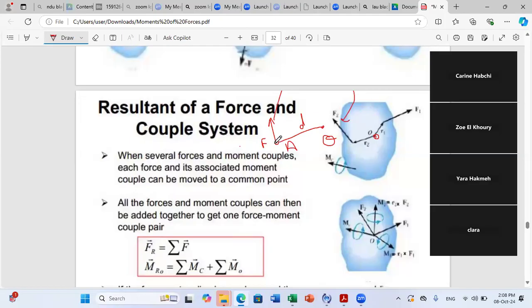If you want to say, I don't want to put F at A, I want to displace F to O, and you want now to put F at point O. If you put it as it is, without adding anything else, what is the moment of F about O in this new figure? Zero. So can you say that the two systems are producing the same effect?